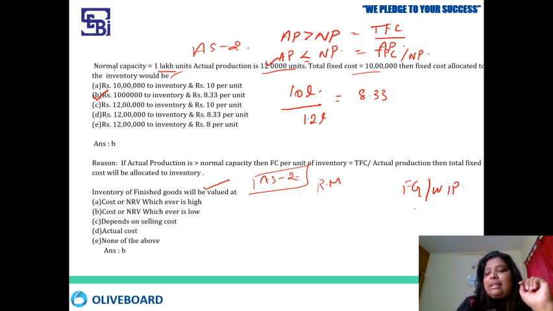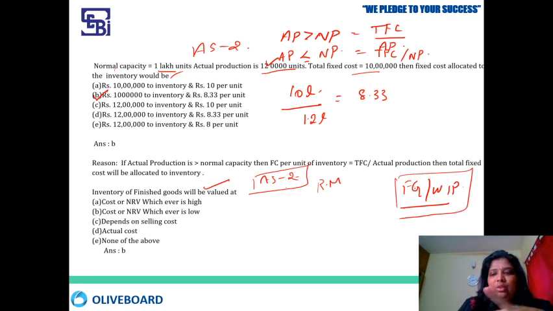Because the provision for finished goods and WIP remains the same, that's the reason I just grouped these two categories into one. So now the finished goods will be valued either at its cost or at its NRV, whichever is lower. This is the provision given, so the answer is B here.